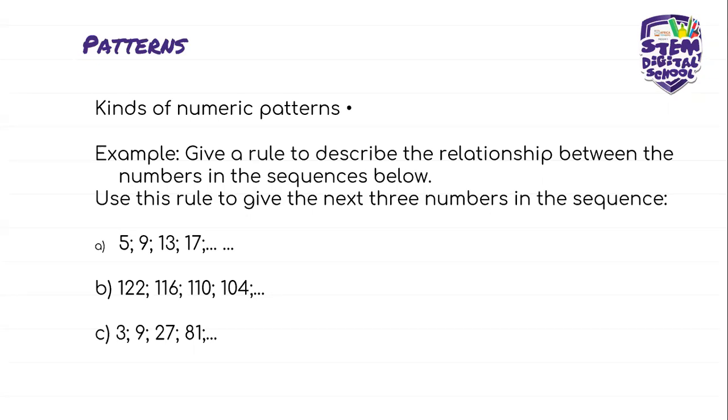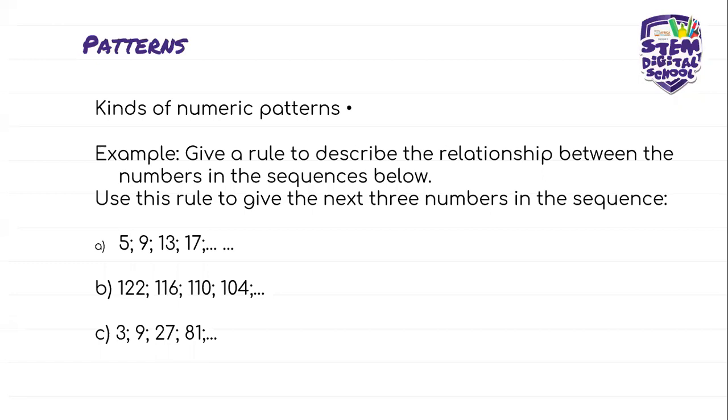For now, I want us to zoom directly into B, where you have got 122, followed by 116, 110, and 104. So what is the pattern there?